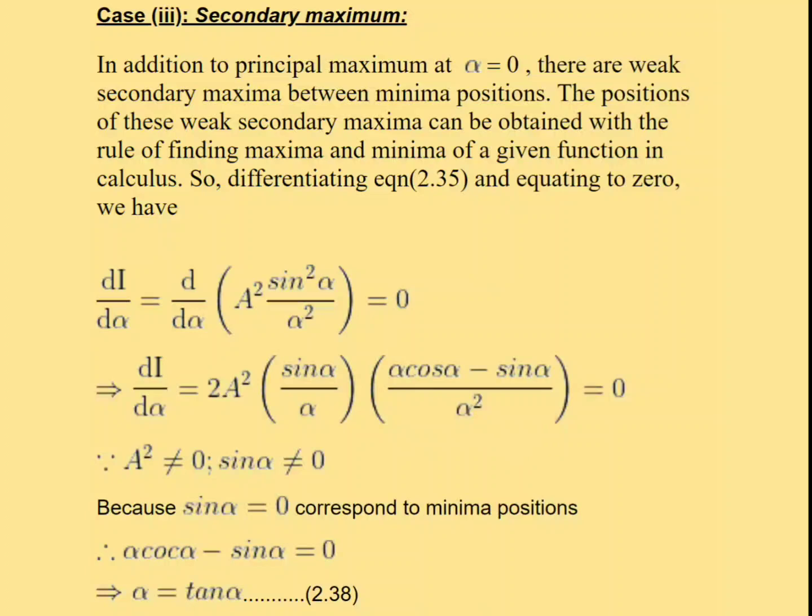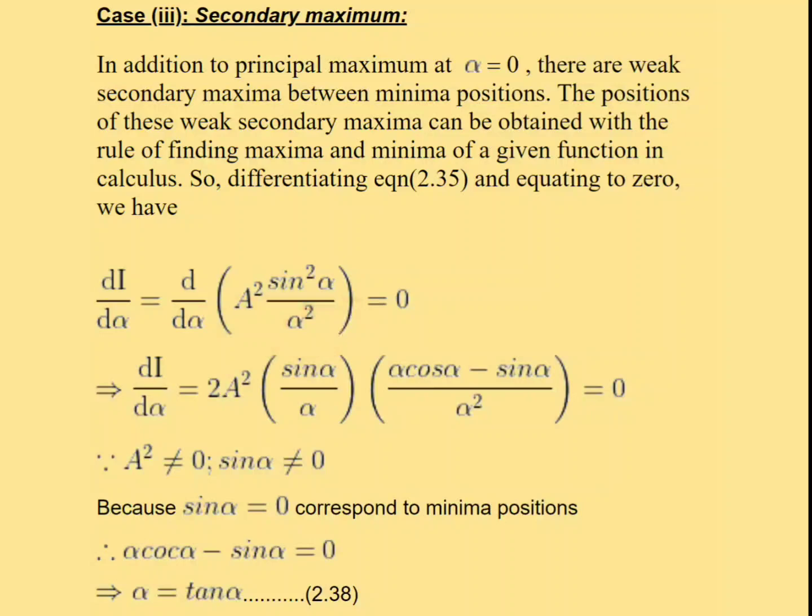Once again I repeat, the secondary maxima is obtained by differentiating the principal maxima and equating to 0. That is dI/dα = 0. The formula is I = A² sin²α / α².